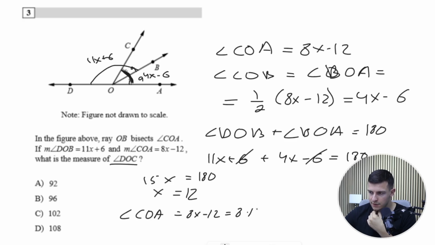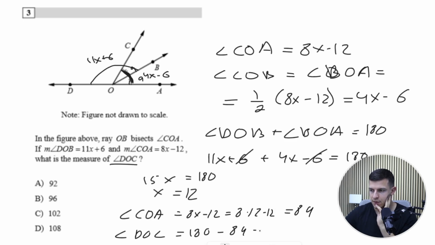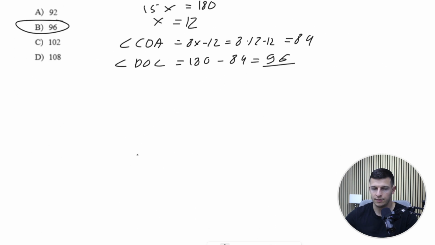So 8 times 12 minus 12, which is going to be, I want to say, 84. And so the angle DOC is going to be 180, because they're supplementary angles, minus 84. And I don't know what that is, 96. There you go.